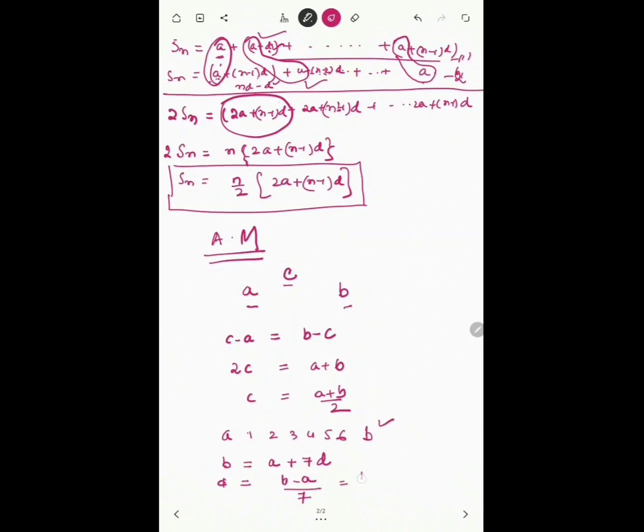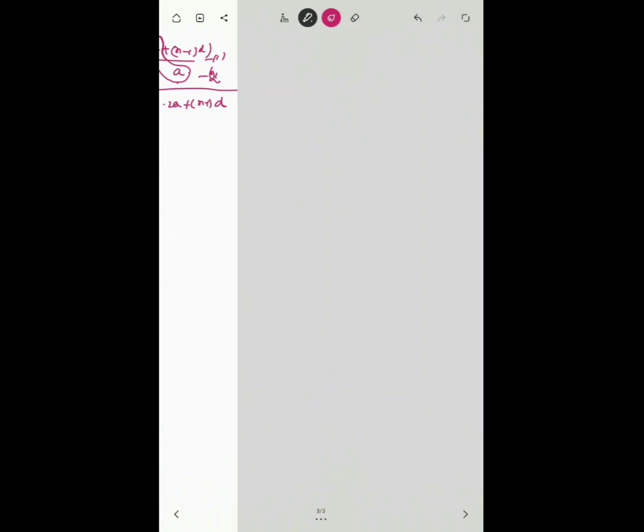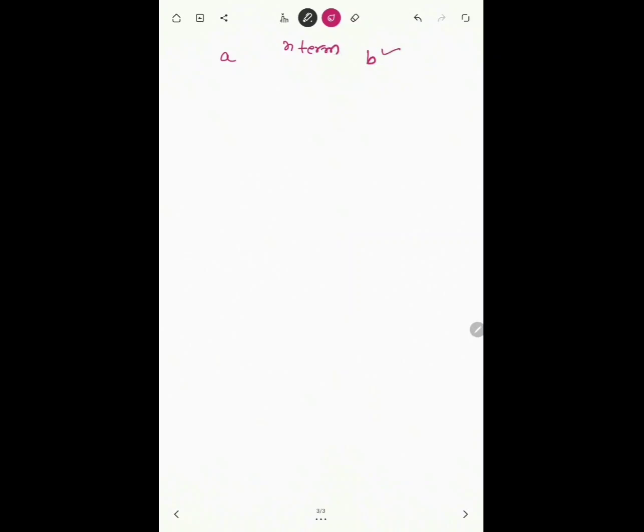And how can we define 7? Total number of terms are 8 now. This 7 is 8 minus 1. No? So we have got the formula for D. If we have to insert n terms between A and B, B is now the n plus 2th term. Yes or no? So what will be D?